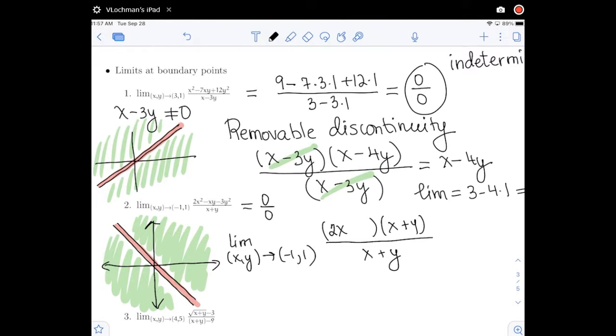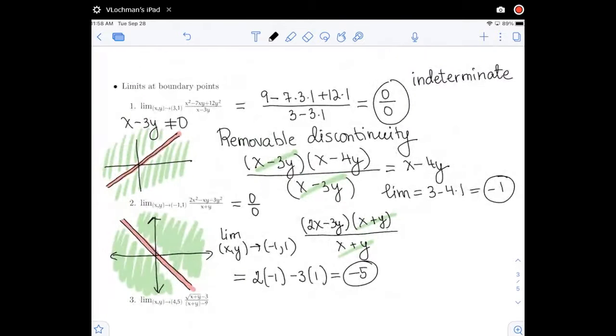So x plus y goes here, and then figure out the rest. We need negative 3y squared. So this term should be negative 3y, and you can check that the middle term also works out to be negative xy. So that's our factorization. We have a removable discontinuity, that's gone. So now we can just evaluate this limit for 2x minus 3y. What do we get? 2 times negative 1 minus 3 times 1, and we get the answer of negative 5.